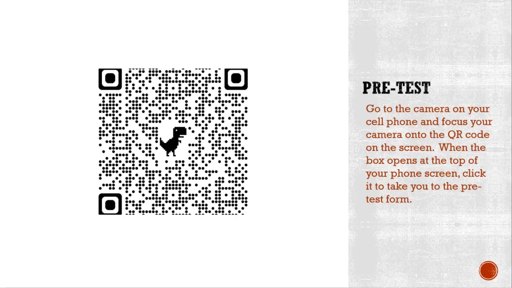So this is the QR code for your pretest. So just put your camera on your cell phone or device over the QR code on the screen and click the box at the top of the phone screen, and that's going to take you to your pretest form. So I'm going to give you a few minutes to complete that, and then we will get started.